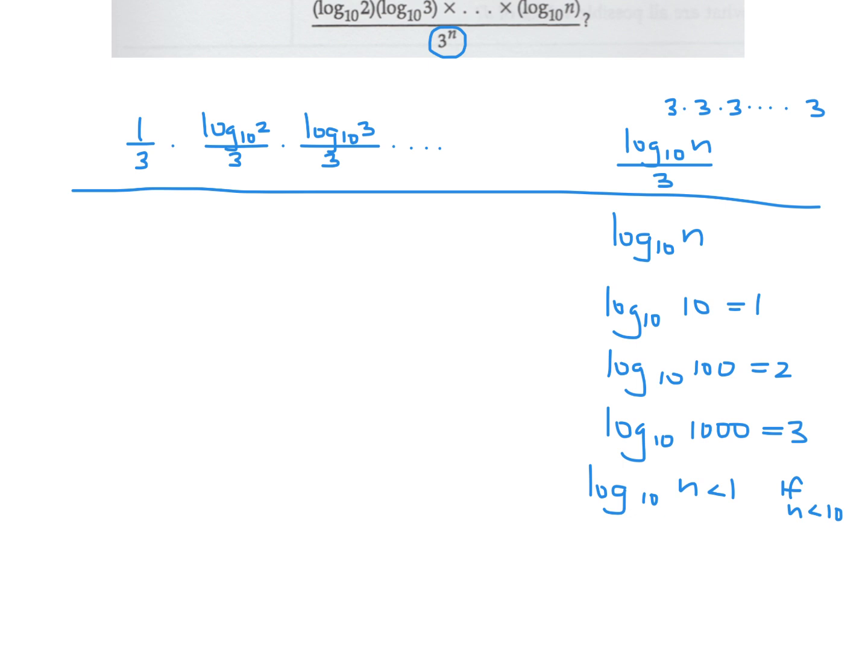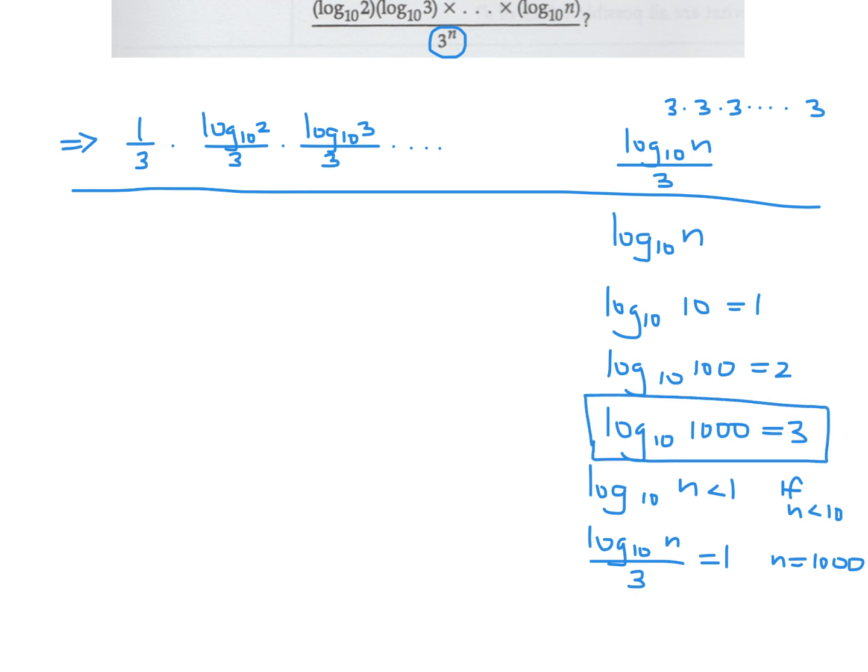But we're dividing by 3 in each one up here. So I really should be concentrating on the log of n to the base 10 over 3. And that would be, first of all, let me see. When would it be equal to 1? When n is 1,000, correct? Yeah. Because then we're just going to take this guy and put it over 3.